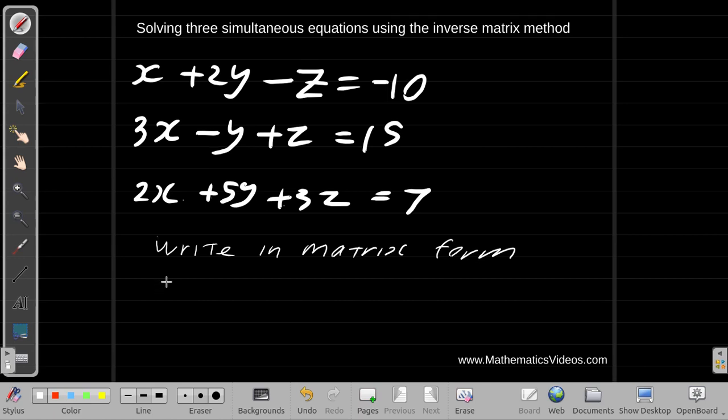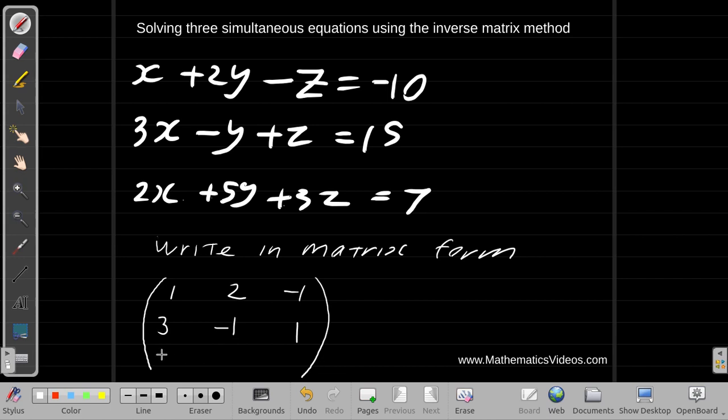You're going to have the matrix with the numbers. It's a 3 by 3 matrix. The numbers that multiply x are 1, the numbers that multiply y are 2, and the number that multiplies z is negative 1. Remember, x means 1x, and 2y means 2y. The next equation, equation 2, has 3x minus 1y plus 1z.